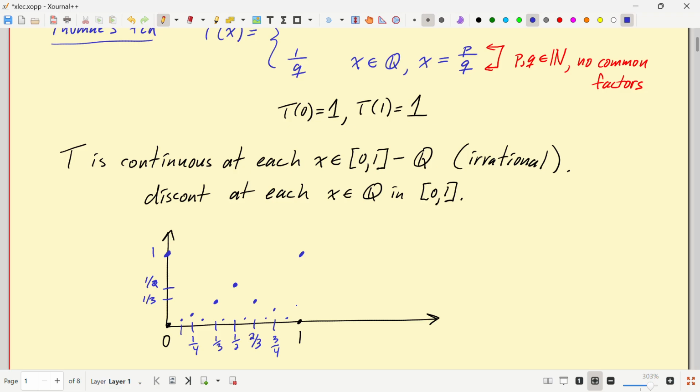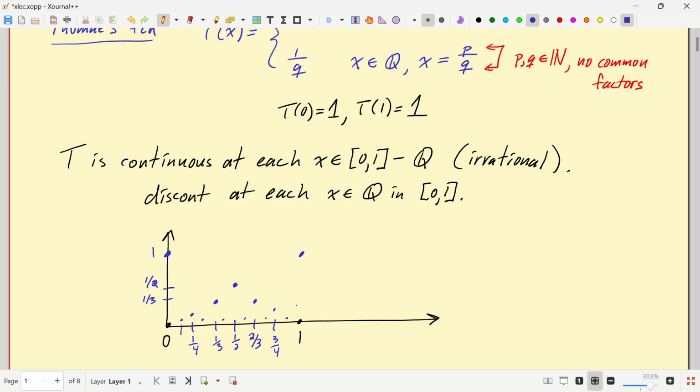So, of course, my irrational number isn't any of those points. So I can shrink close by and see, oh, yeah, all the rational points in there would be strictly less than a fifth. And I can keep doing this until I make it as small as I want. So it's not terribly hard to see that it would be continuous at irrational numbers.